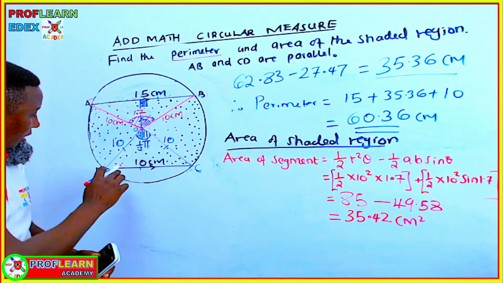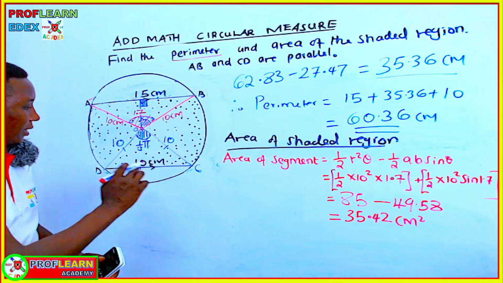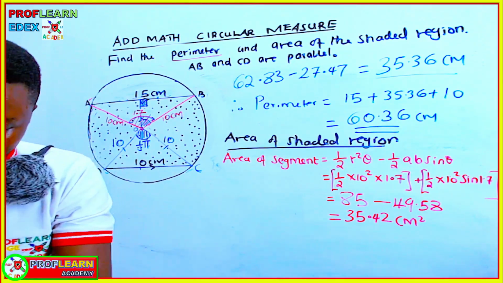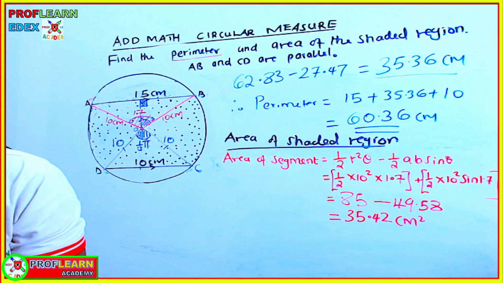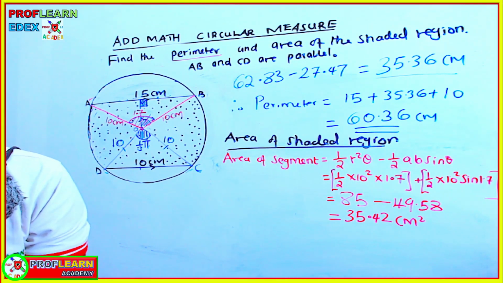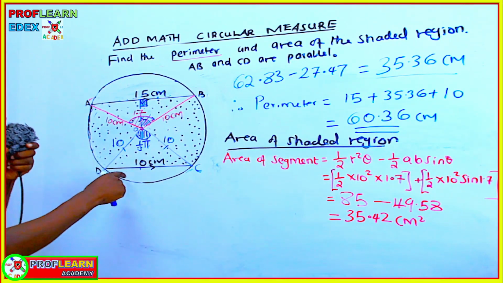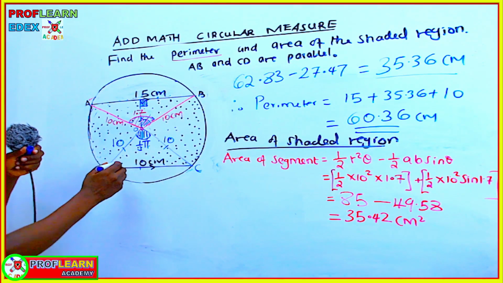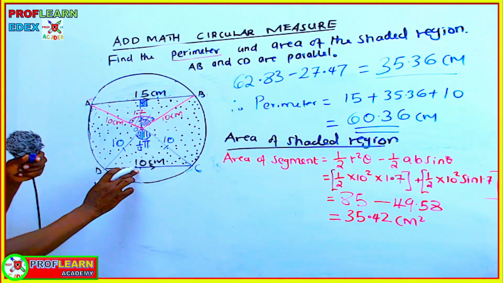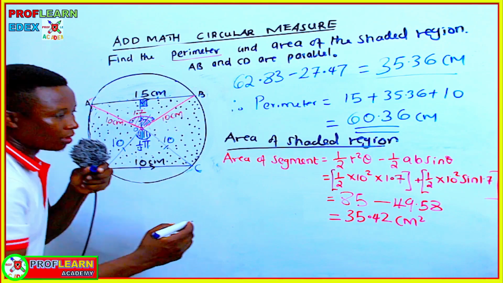Then I'll also work out the area of the unshaded part down here, where I'll employ the same approach. I'll find the area of the sector, then subtract the area of this triangle so that I can get the area of this white part also.